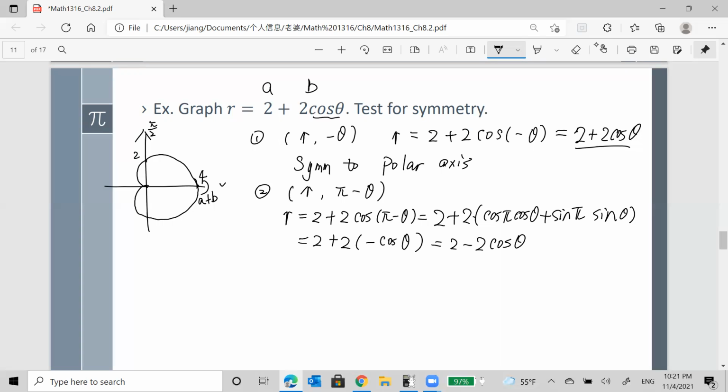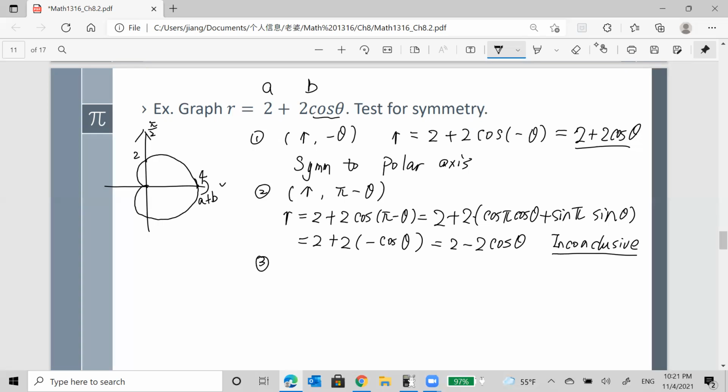So it's inconclusive. I can't say that it's not symmetric to theta equals pi over 2, because the test can't prove for sure that it's not symmetric to theta equals pi over 2. I can only say that it's inconclusive.